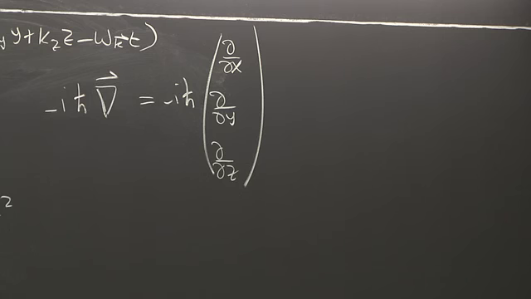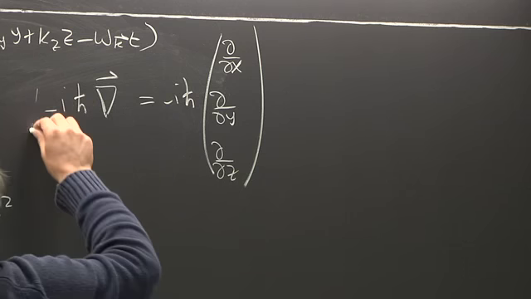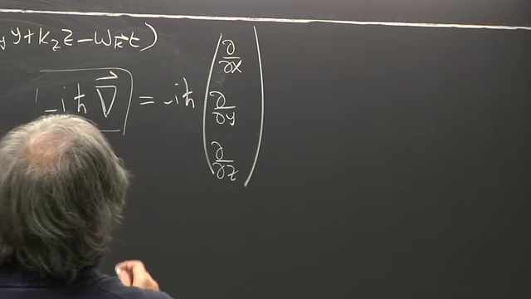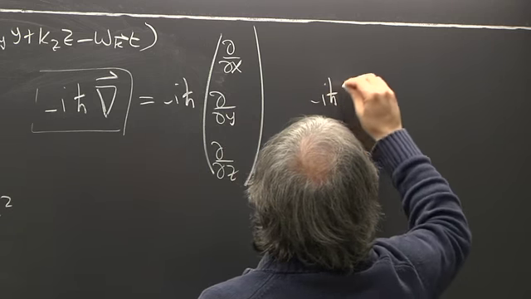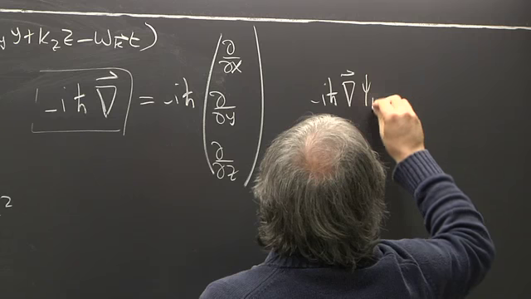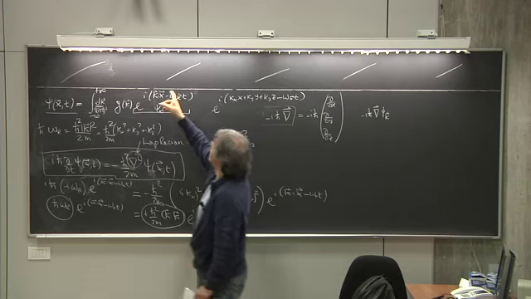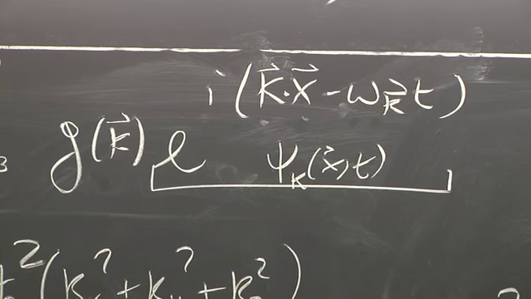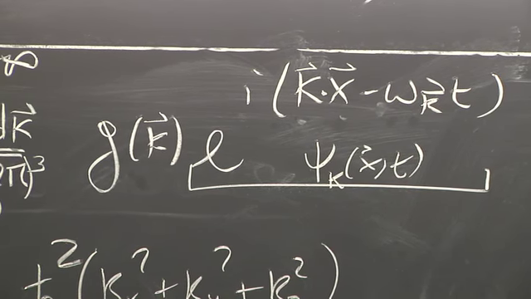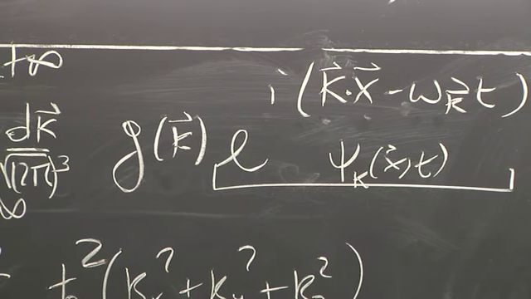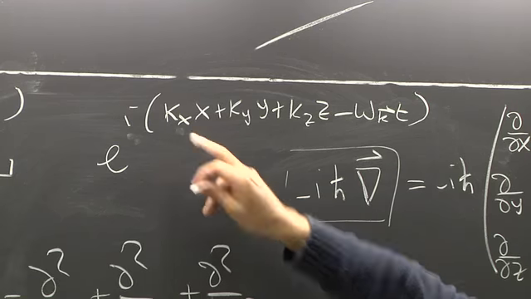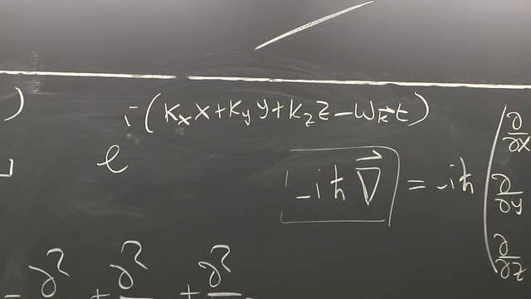Okay, now, what happens if I apply this differential operator to the plane wave? So let us study minus i h bar, the gradient, applied to the psi of k that I indicated there. It's very simple. There is a minus i h bar in front, and then the x component involves a derivative with respect to x, which brings down, as we said before, i kx.